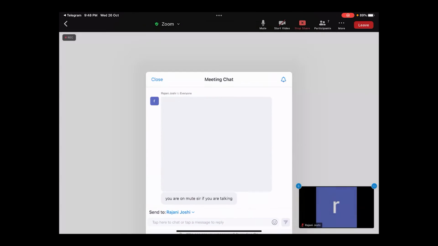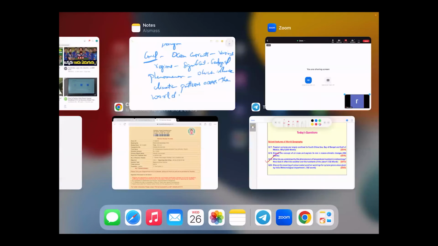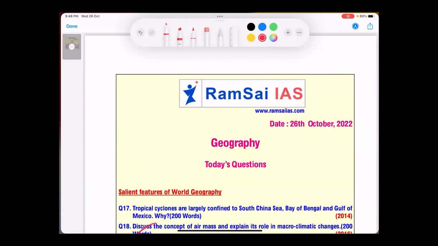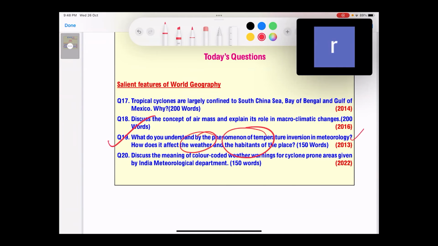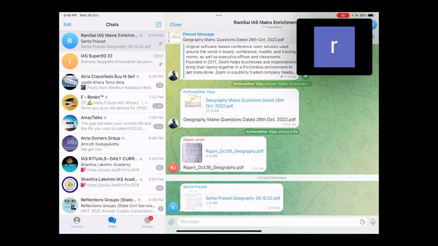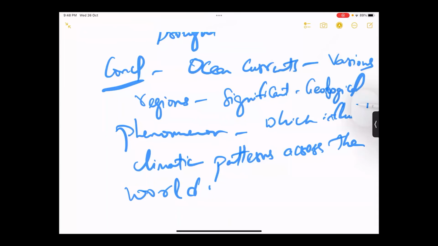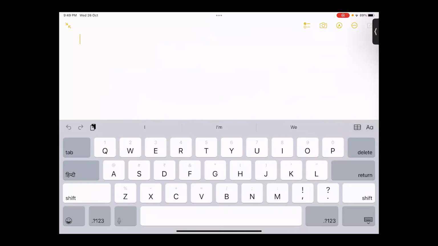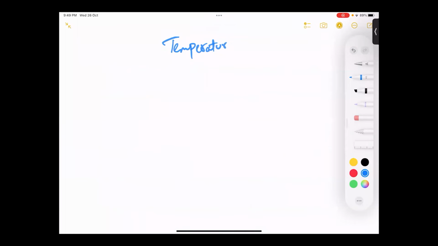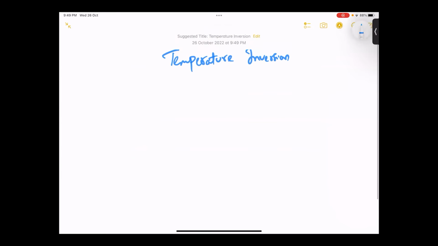How does it affect weather and habitats? So there are three subparts to the question. The first part is obviously asking what you understand by temperature inversion, and then its impact on weather, and its impact on habitats.